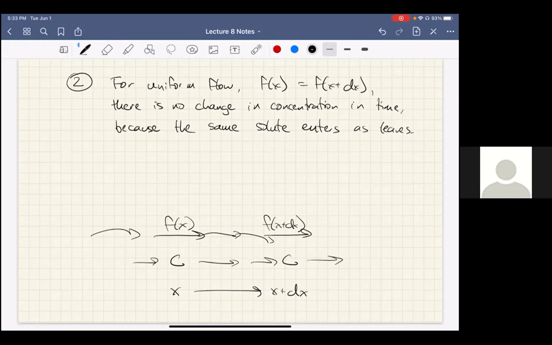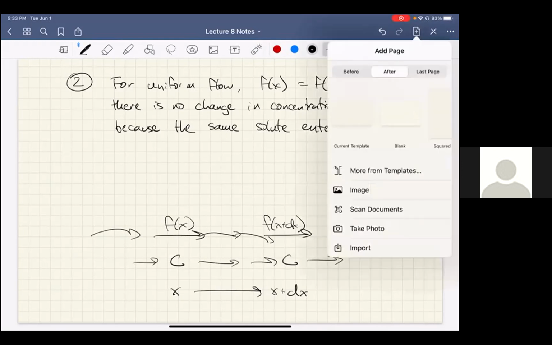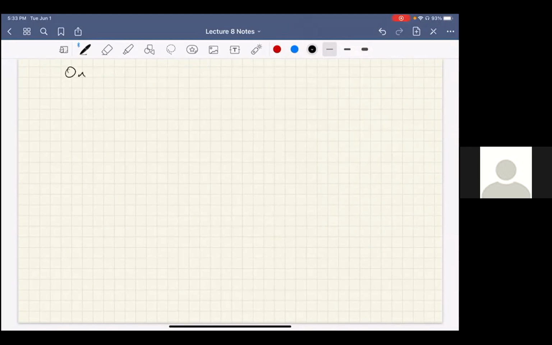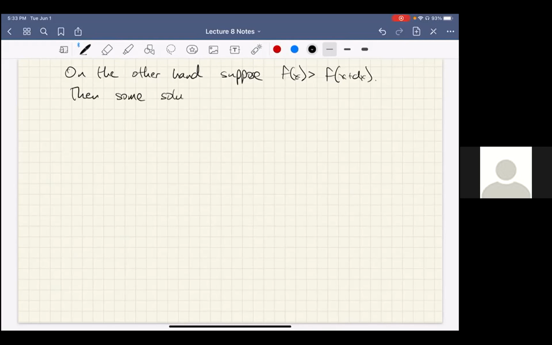On the other hand, suppose f of x is greater than f of x plus dx. Then some solute will accumulate at x plus dx.